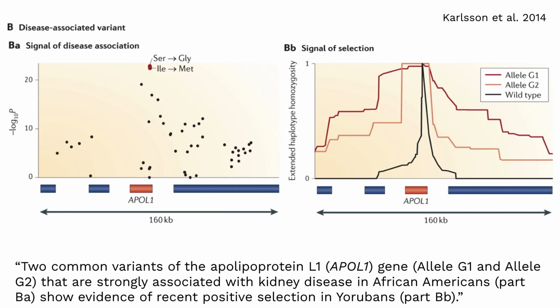So these two lines of evidence together suggest that not only is this variant potentially associated with kidney disease in African Americans, but also that it was probably under selection in the ancestral West African population that a lot of black Americans came from due to the forced migration of the transatlantic slave trade.